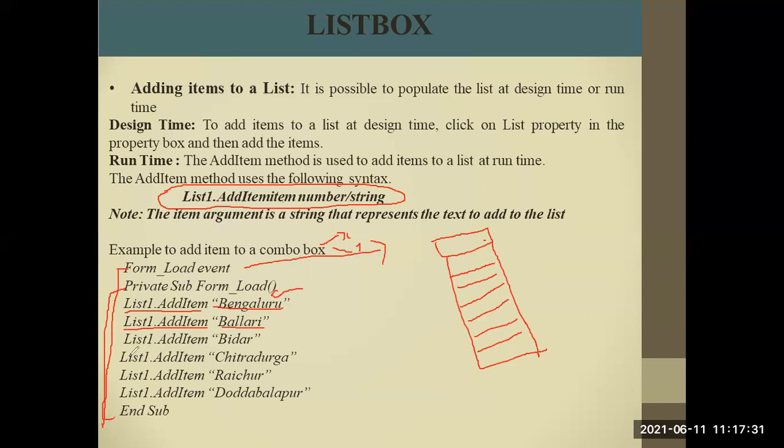Similarly, I have added one more city, which is again list one dot add item. Then one more city like city list dot add item. Now like this you can add any number of strings or cities as we require. Fine.